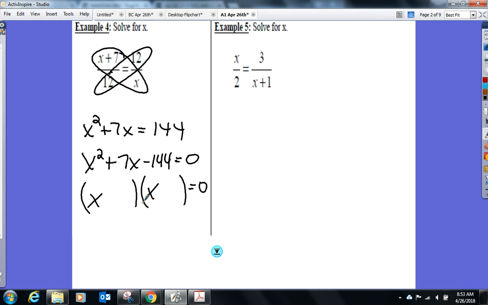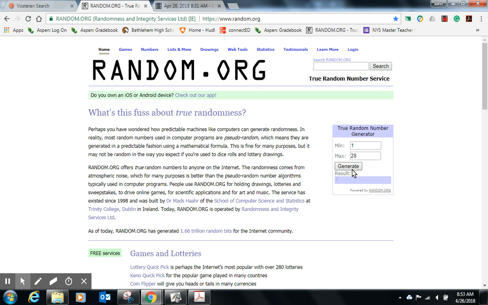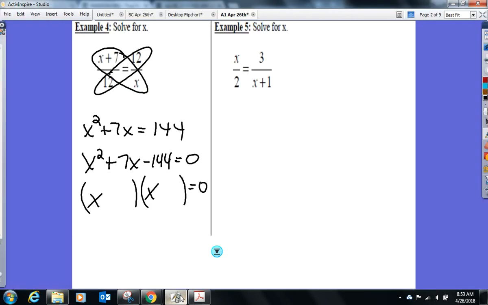Numbers, here we go. What did you find as your numbers here? 16 and -9. We got a winner. Adds to 7, multiplies to -144. Draw your line down.